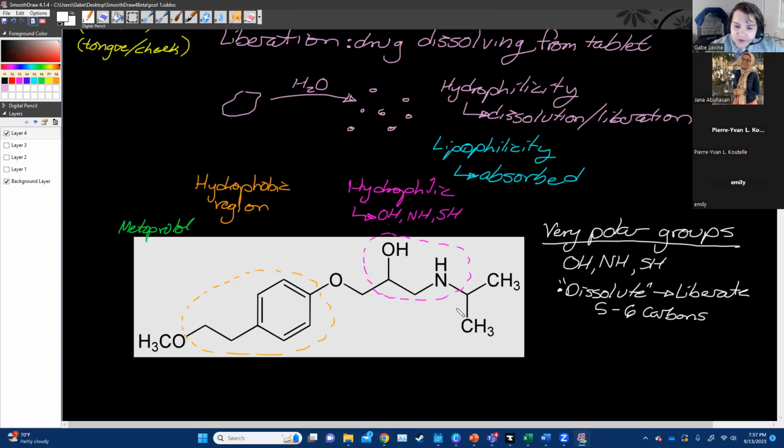So here we have one OH bond, we have another NH bond. So we have at least 10 to 12 carbons that we are able to dissolve into the stomach.